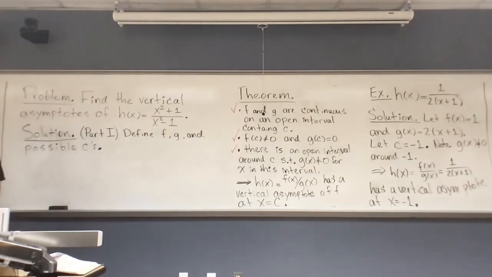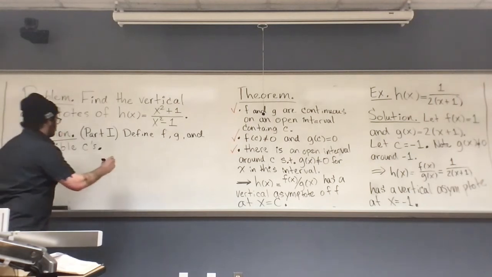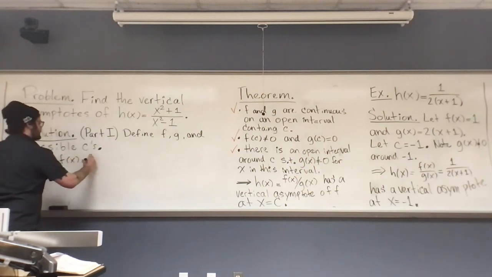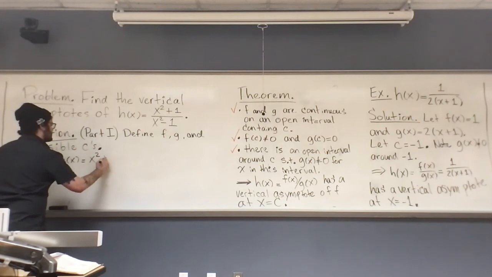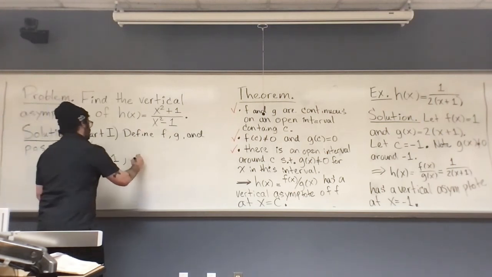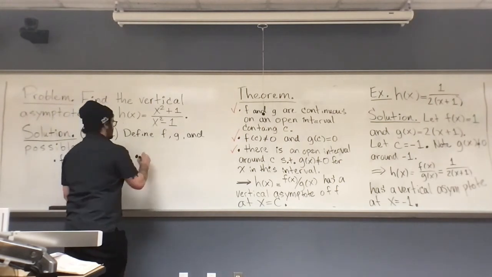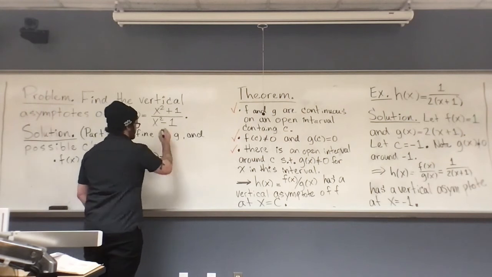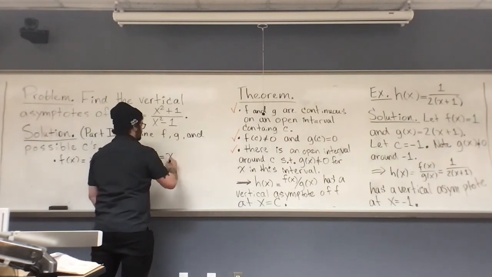And there could be more than one vertical asymptote, and that's where there's more than one C possible. So looking at the thing, I say f of x is equal to x squared plus 1, and then g of x is equal to x squared minus 1.